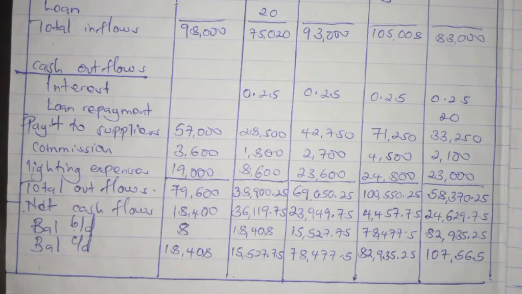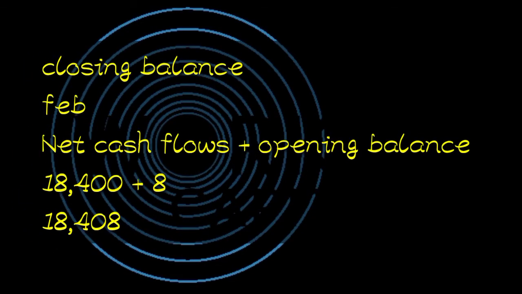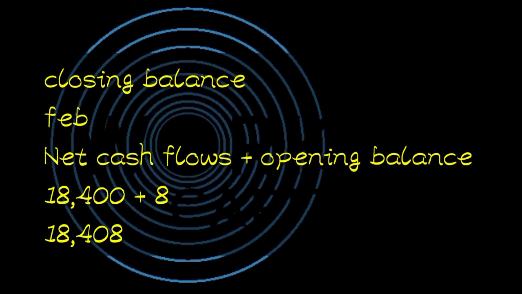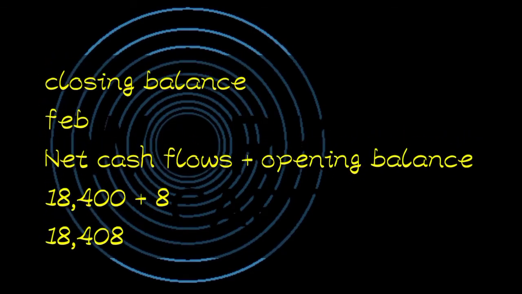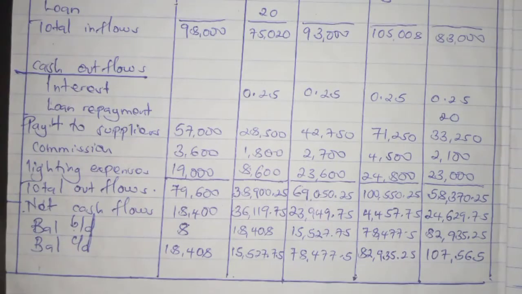Then we shall get the closing balance for Feb by adding the net cash flows plus the opening balance, and the closing balance for Feb will be the opening balance for March. Then we shall add the net cash flows for March plus the opening balance to get the closing balance, and the closing balance for March will be the opening balance for April.